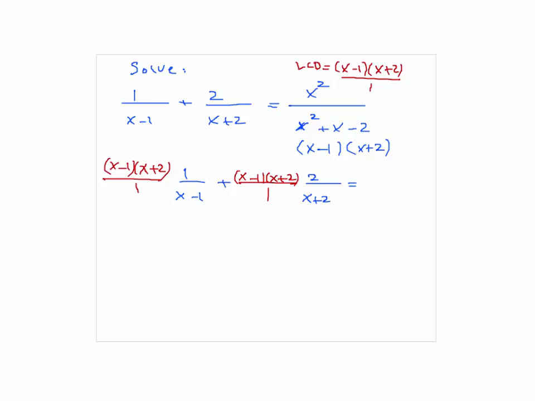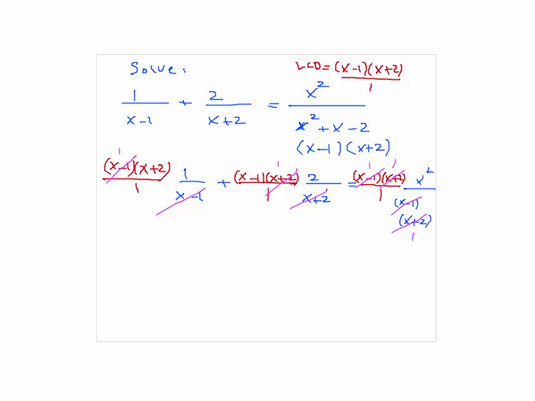And then here we have x minus 1 times x plus 2 over 1 times the last term. So the next step is to reduce. As you see, we can eliminate all the fractions, and that's the reason we do this. All of them turn to 1.